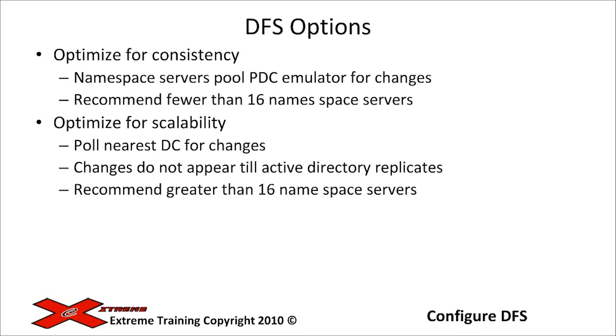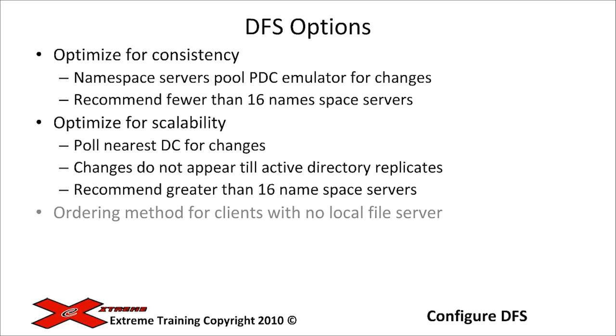With DFS, you can also set the ordering mode used when clients do not have access to a local file server. In the example before, the client accessing the DFS server, when possible, will be directed to a server in their local site. If no file share is available on the local site, the client may be directed to a server outside its local network.